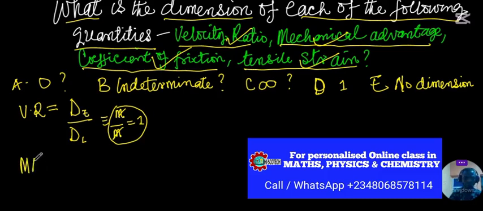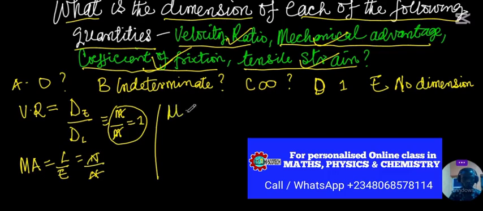Mechanical advantage is load over effort. Load is in Newtons, effort in Newtons. They'll cancel, one, no units. How about this? Coefficient of friction, mu, is the frictional force over the normal reaction. This is in Newtons, this is also in Newtons.